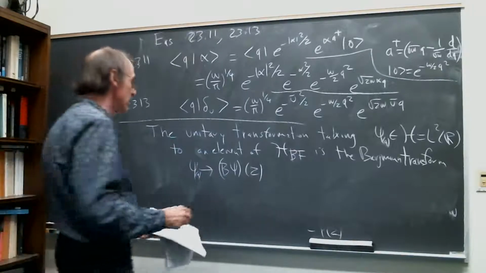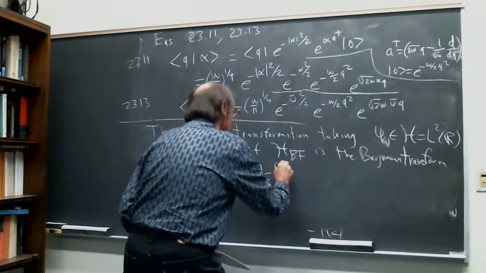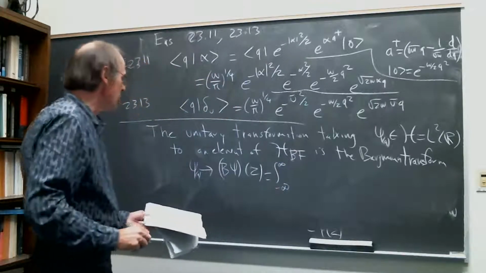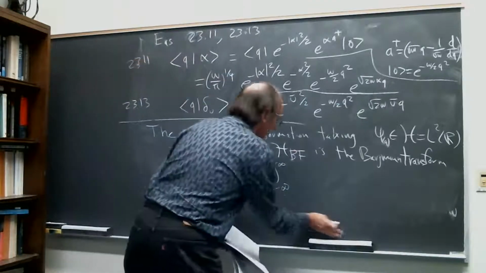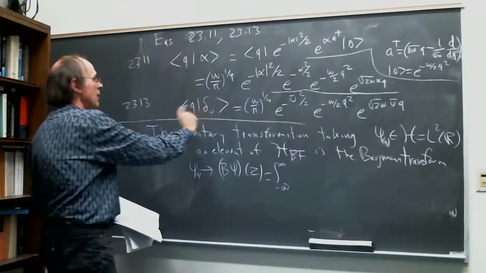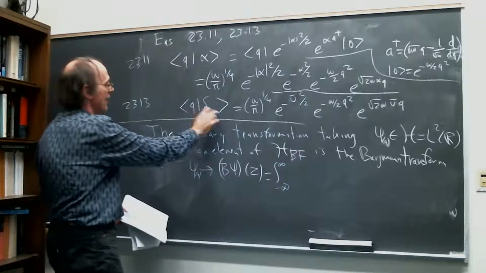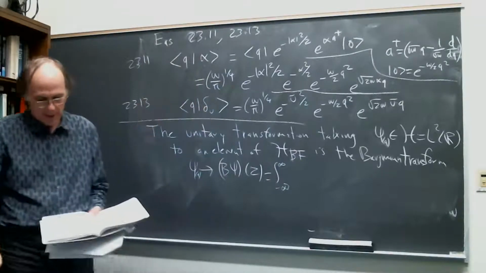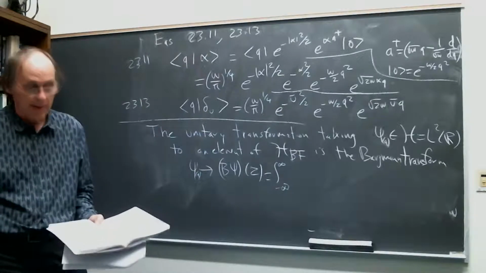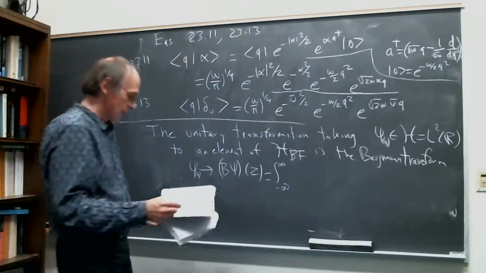You evaluate an integral from minus infinity. You basically use the fact that these guys have a completeness relation, and they have this reproducing kernel relation, and they behave like delta functions, so you can write this down.